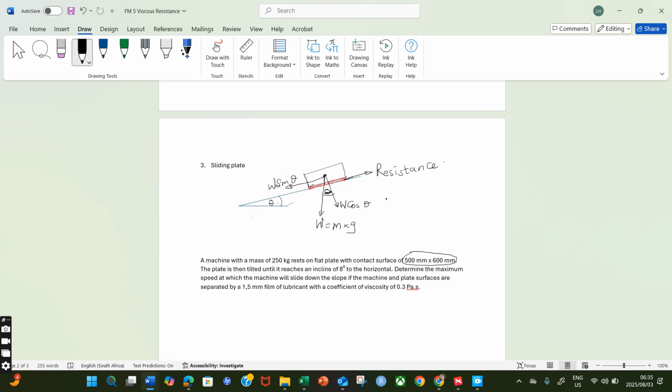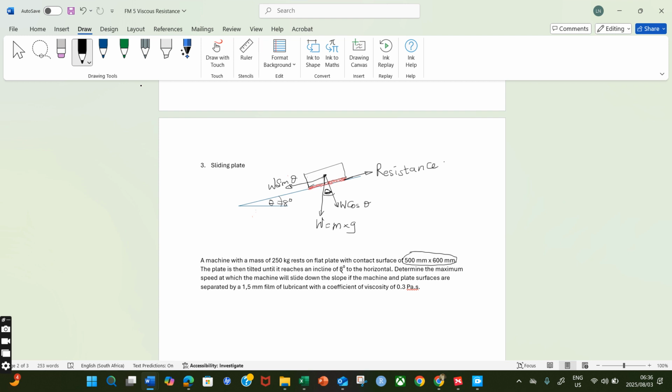The plate is then tilted until it reaches an angle of 8 degrees. In other words, this angle here is now not 18, it's 8 degrees to the horizontal.